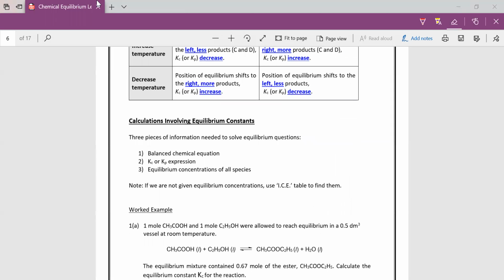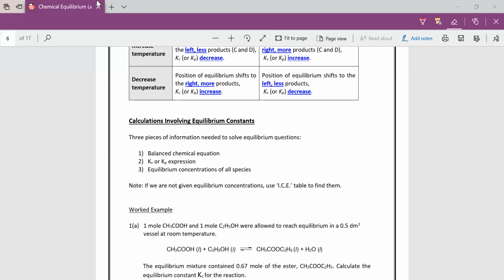So we now move on from the theory and the concept. We will move into calculations involving equilibrium constant. For physical chemistry, like gases and chemical equilibrium, all these chapters are going to revolve around calculation.